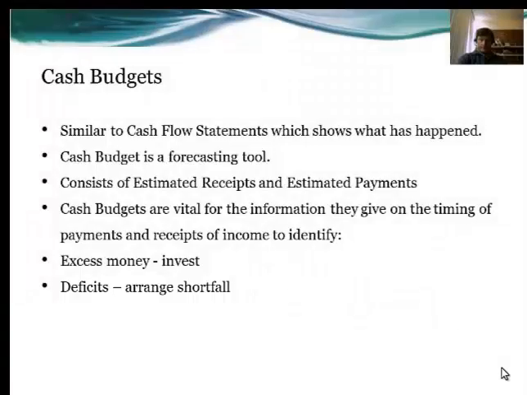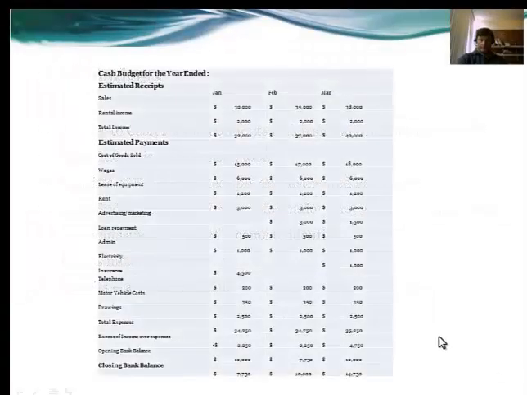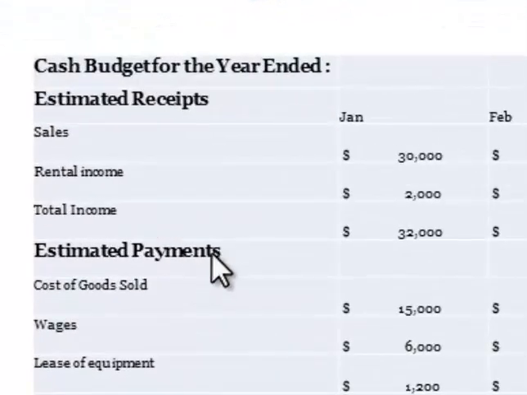Now let's have a look at an example of a cash budget. You can see here two main categories: estimated receipts, estimated payments. We had some cash sales, some rental income, so the total income here for these particular months is as shown.